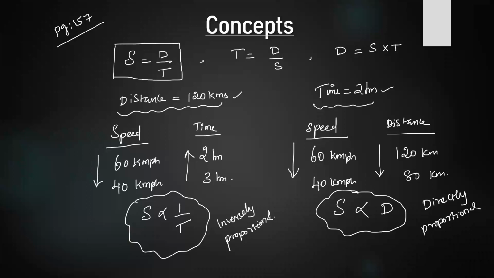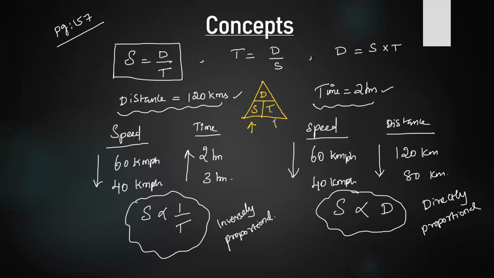Most of them will draw like this. You remember that triangle shape? You write D here, S here, T here. If you want to find speed, speed equals distance by time.